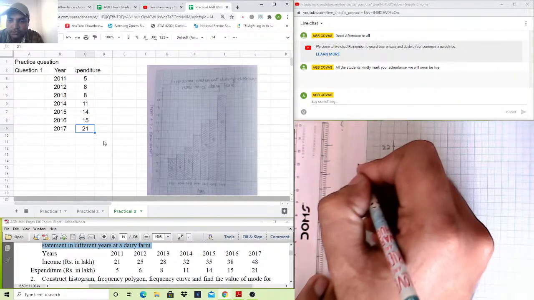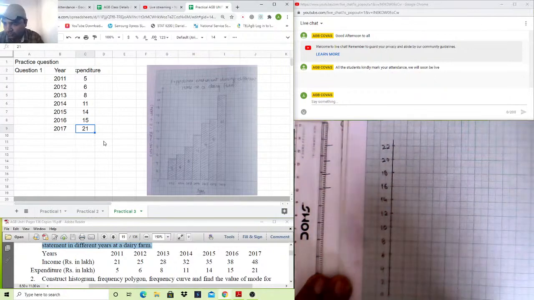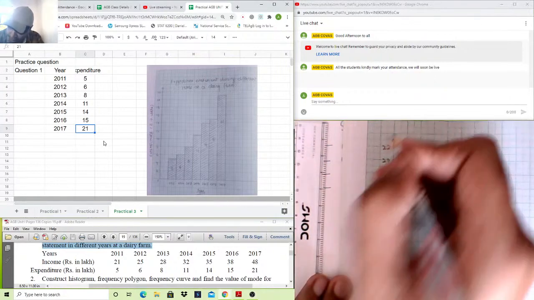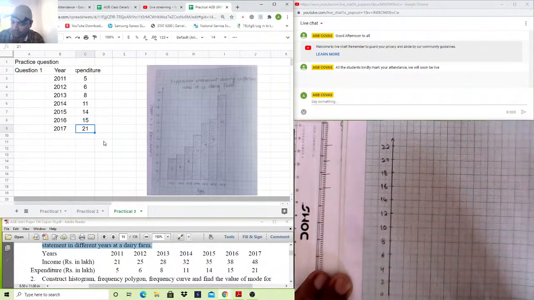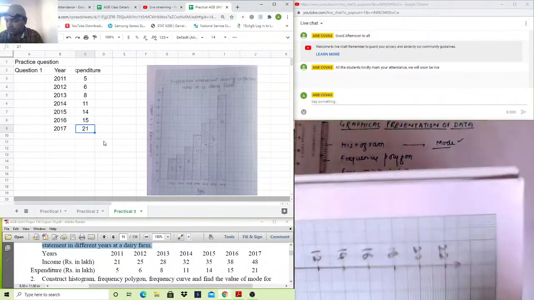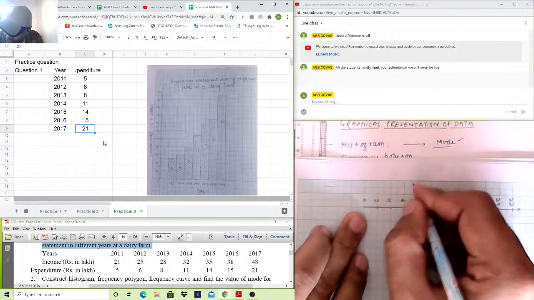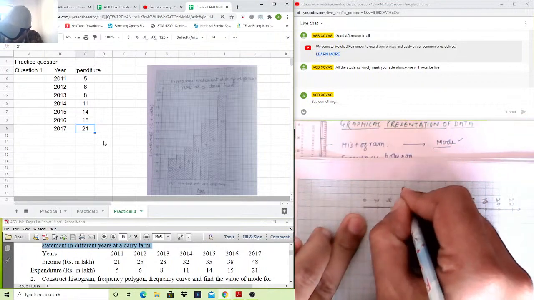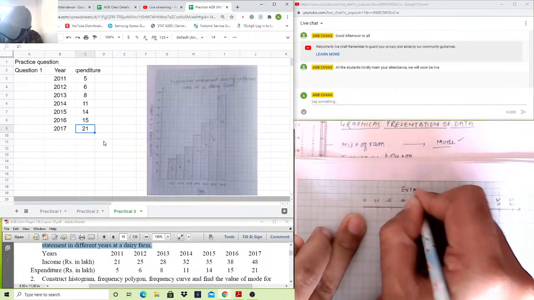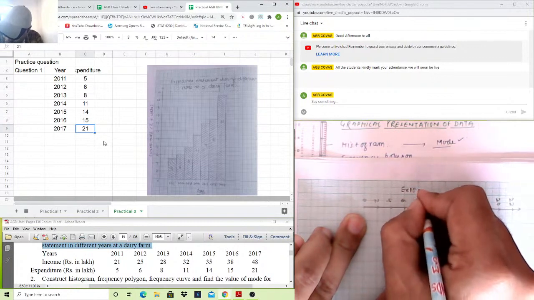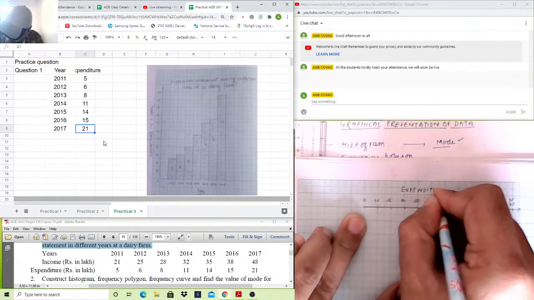Okay, so like this. And what this actually refers to is the expenditure in lakhs.